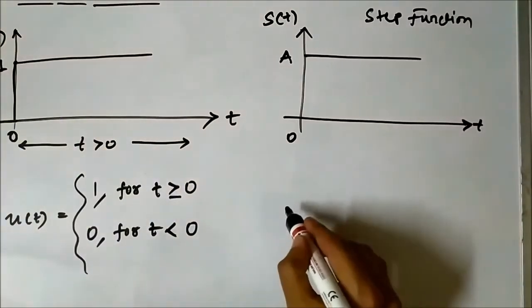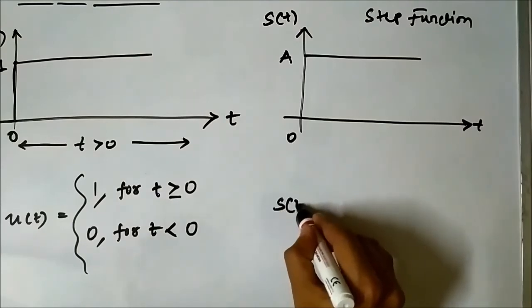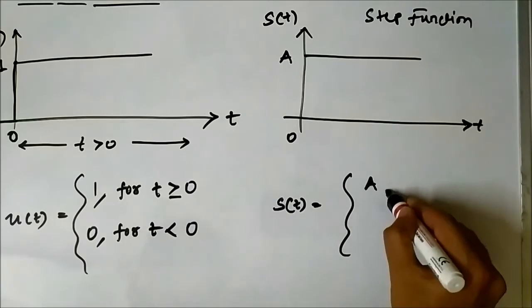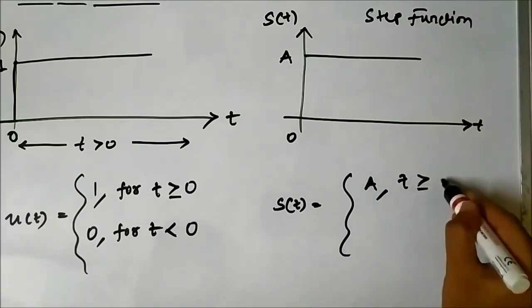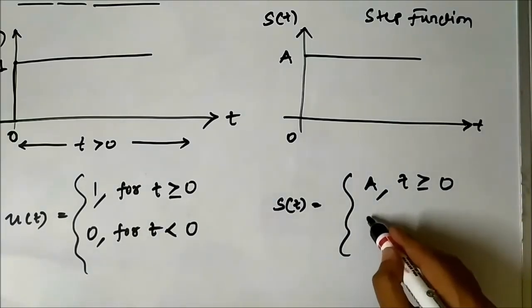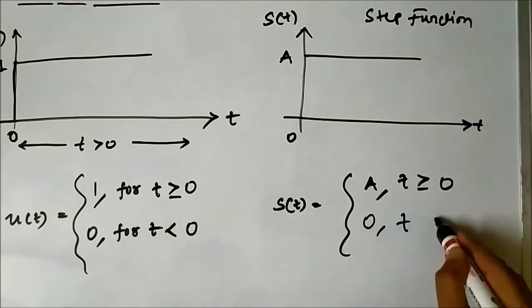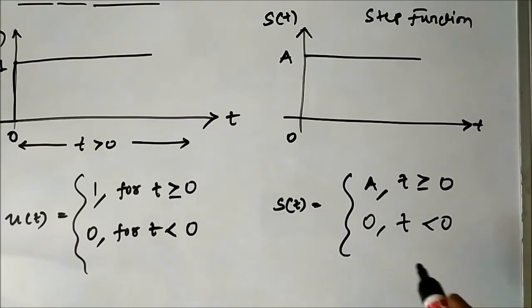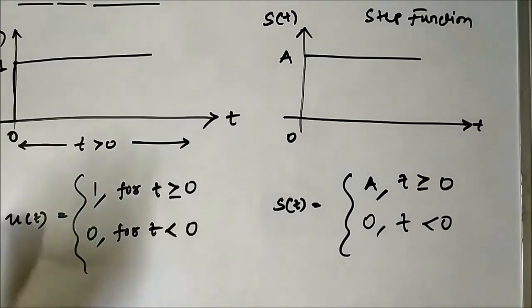Here this will be the step function, it will be A for t greater than or equal to 0 and 0 for t lesser than 0. This is not a unit step function, this is just the step function, okay.